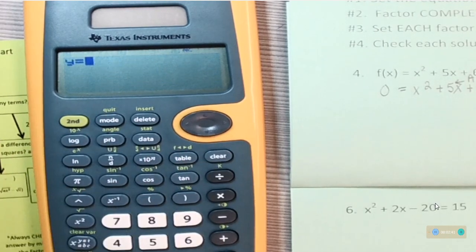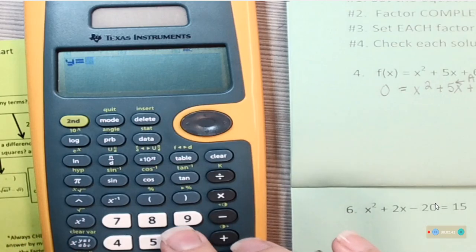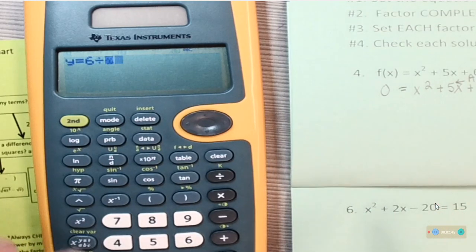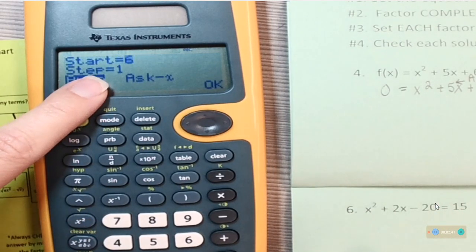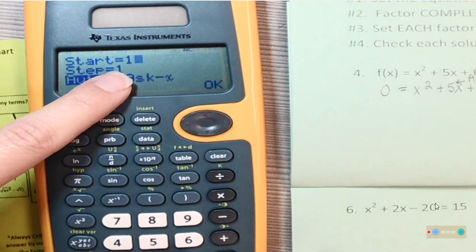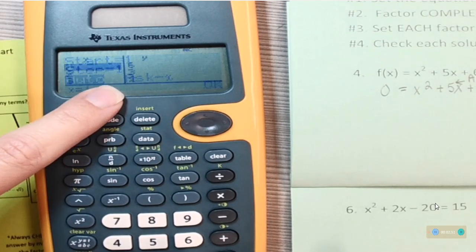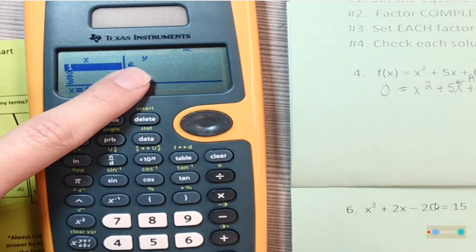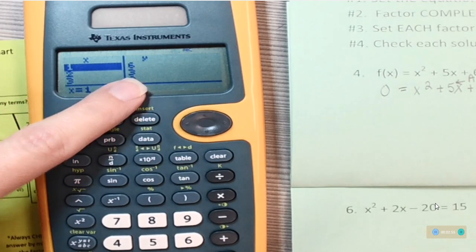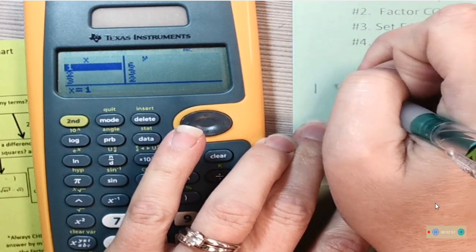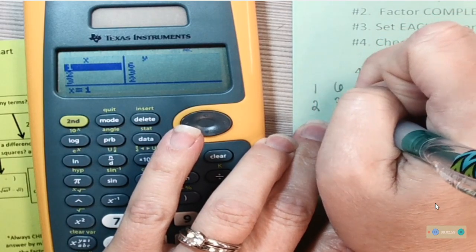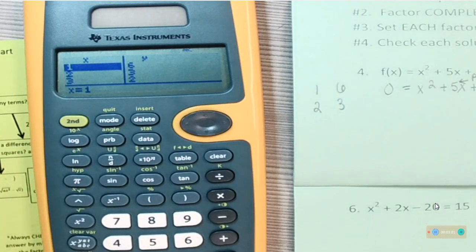If I go to table, I take whatever number I want, which is 6, and I divide it by x. The calculator is going to start at 1, and it's going to do 6 divided by 1 is 6. 6 divided by 2 is 3. So I could get 1 and 6, 2 and 3, and then it starts repeating 3, 2.